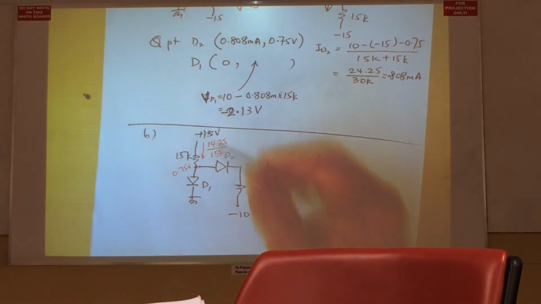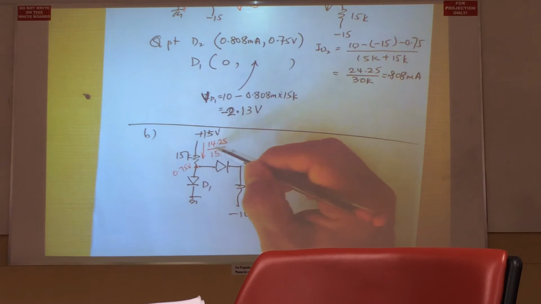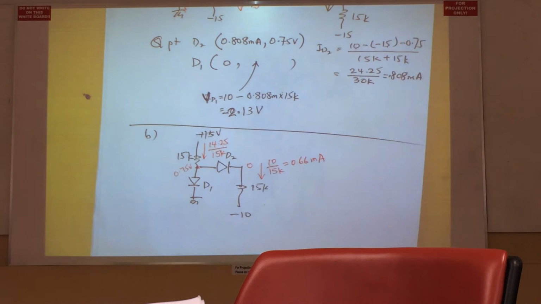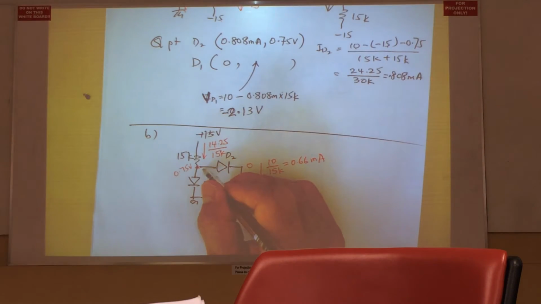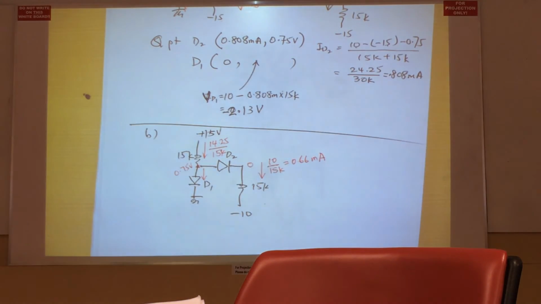Now, this current that's flowing through this branch is more than 0.9 milliamp, because this is 14.25 over 15K, very close to 15. So that current will be 0.9 something milliampere. The current that's flowing down to the negative supply is only 0.66. So the difference is a current in excess. So realize, because of this excess current, the excess is going to flow through D1. And therefore, our first assumption that both diodes are conducting is correct.